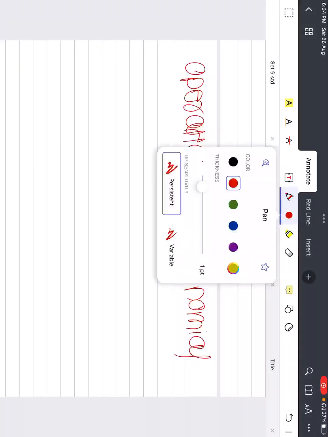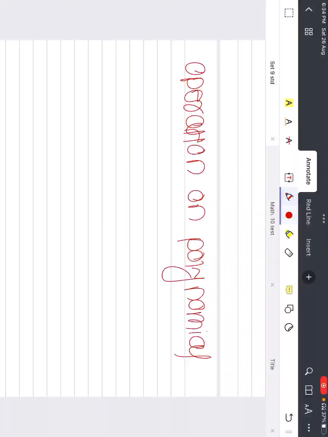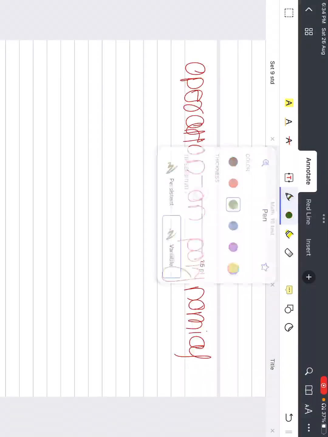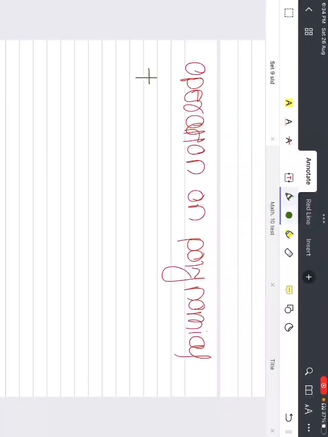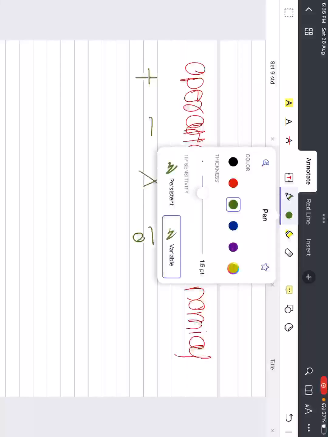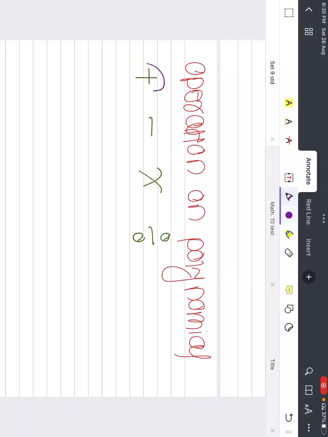Basically, we are doing various types of operations. Take the examples of addition, subtraction, multiplication, and division. So there are four types of operation that we are doing, and these are all common. Now, first of all, we talk about addition.